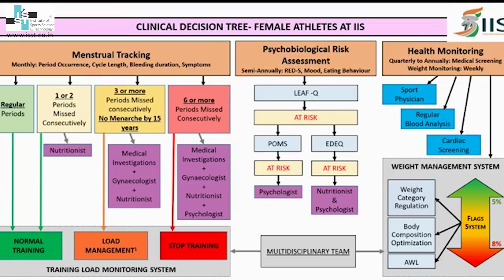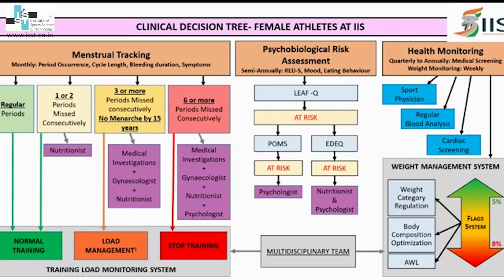So what we do every month here for our athletes is we track the female athletes we have. At the moment we have about 50-60 female athletes. So every month the XPhys would track the cycle for each of the athletes, and based on how the cycle is falling is when we try and make changes to our training load management system, or decide how the athlete will go forward with their training, whether or not they need to see any other medical professional, and things like that.